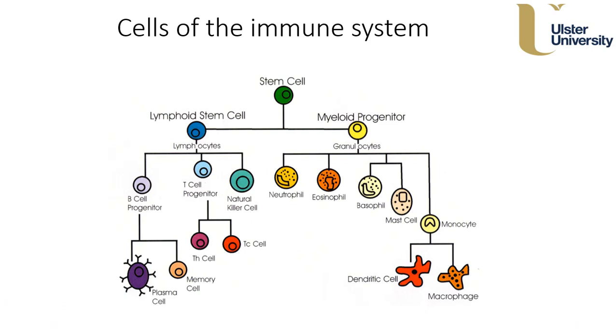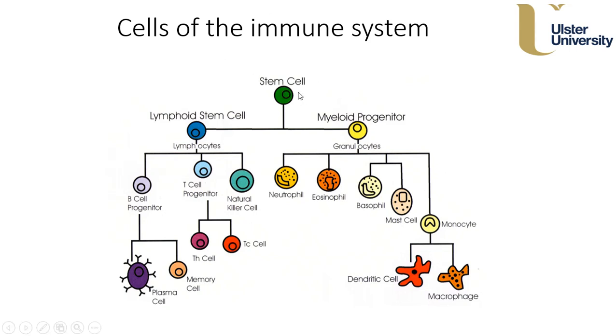So this diagram depicts the main cells of the immune system, and we can categorize them in a number of ways. This often confuses students because each cell might fit into more than one category, because each cell has more than one function. Immune cells are created in the bone marrow through a process known as hematopoiesis, and as you can see, all immune cells are derived from stem cells.